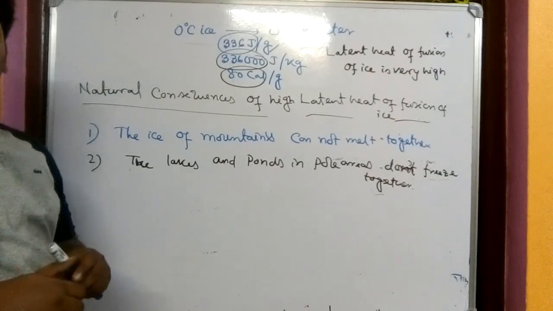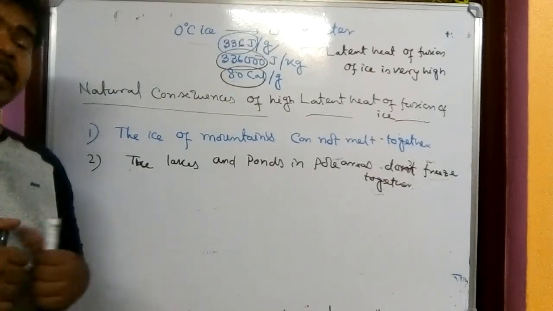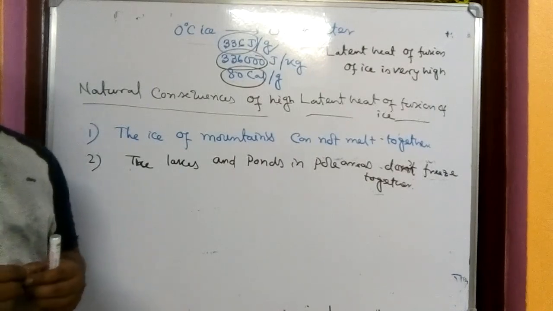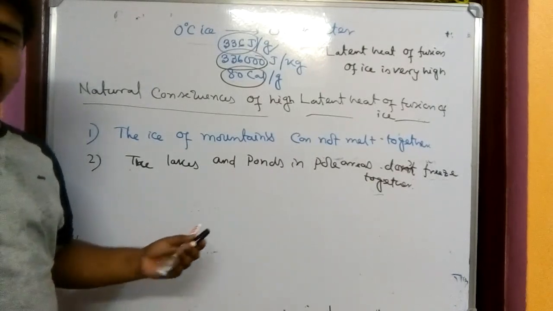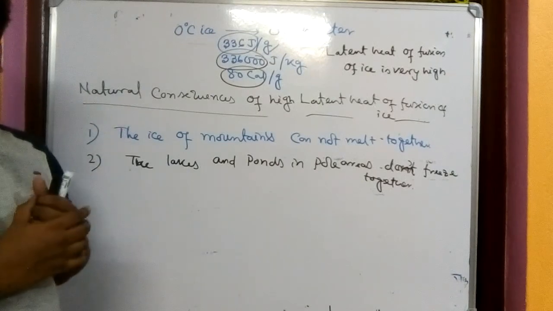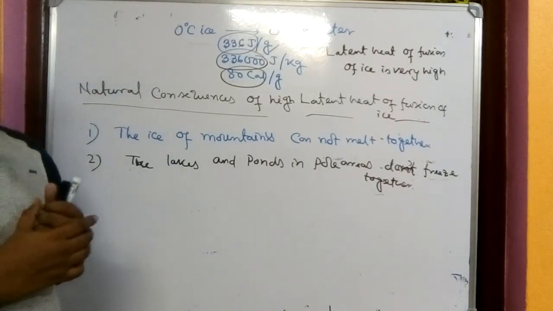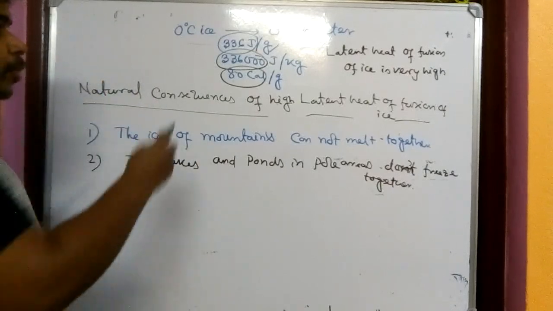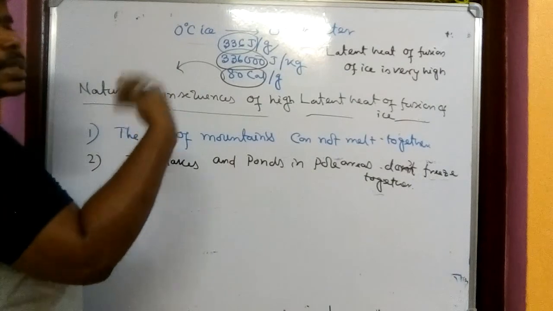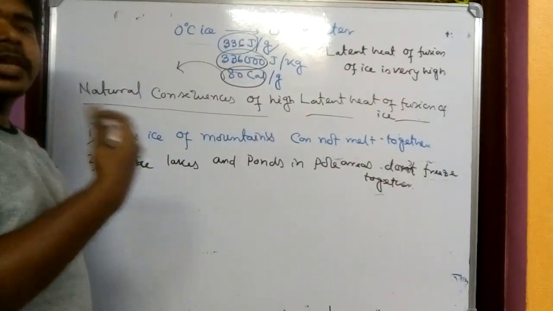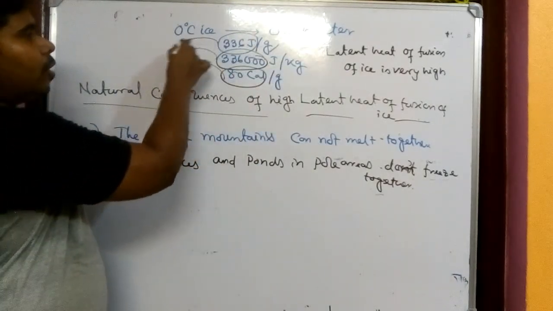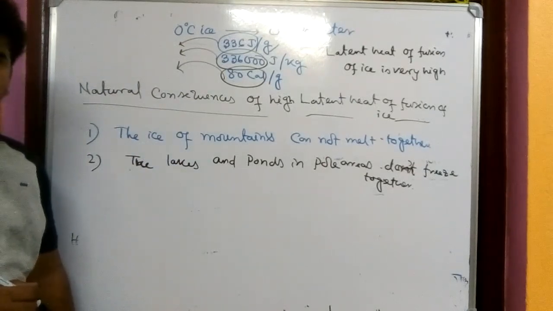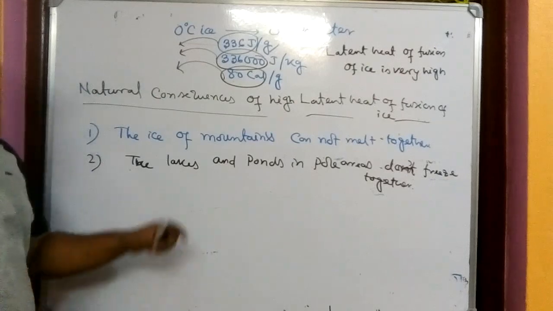In pole areas there are many lakes and many seas. Their temperature is very low, so they might freeze together. But that is also not possible, because for freezing you have to release this much heat energy, which is very high. So that's why they do not freeze together.